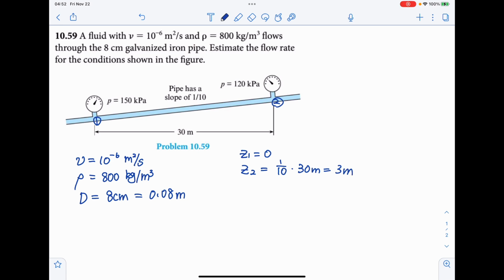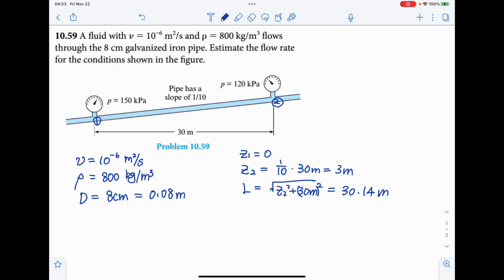And the length of the pipe equals the square root of Z2 squared plus 30 meters squared. So it gives us 30.14 meters.